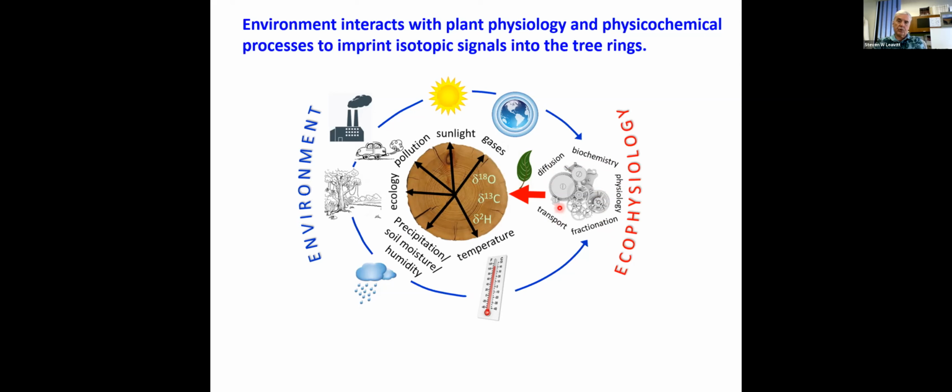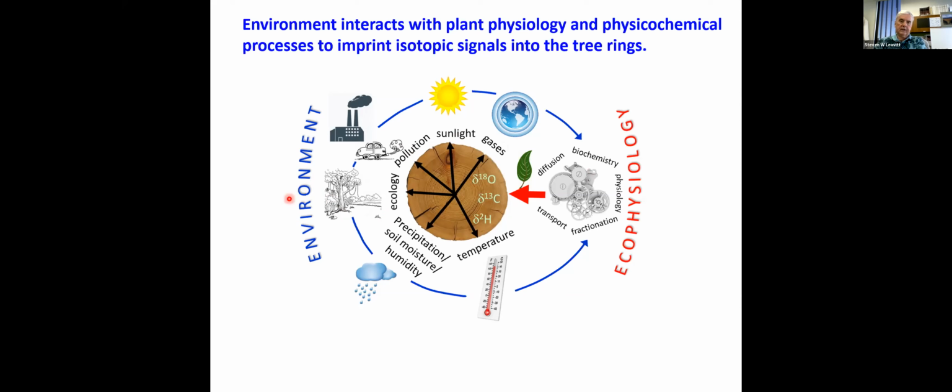Other things can also imprint. So the composition of gases in the atmosphere, particularly the isotope composition of CO2 that was done with the pages of those journals that Dan had published, could be pollution effects in the atmosphere affecting these mechanisms and what gets into these signals. Pollution could also affect soil chemistry, and there could be some input from pollution through the roots into the tree that could also affect this apparatus.